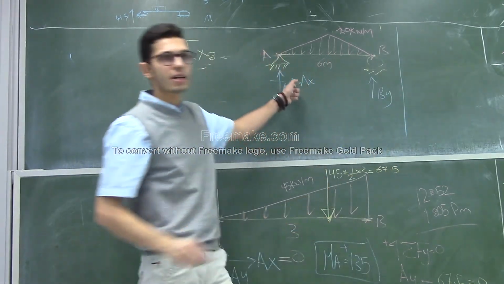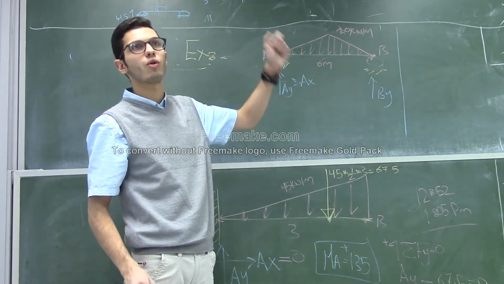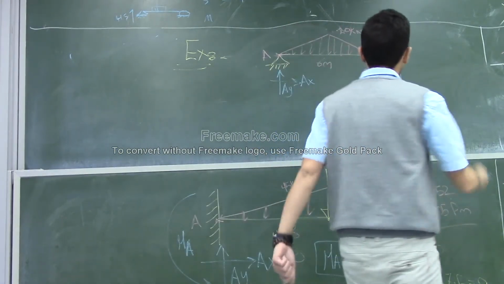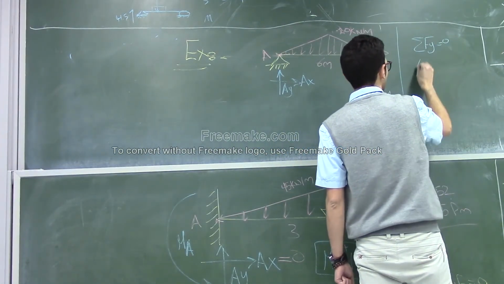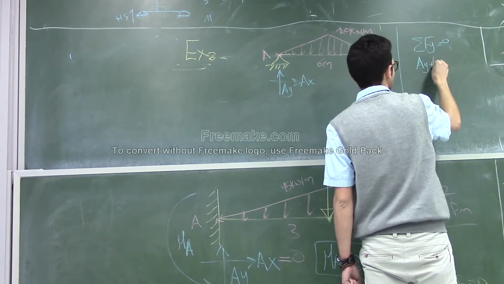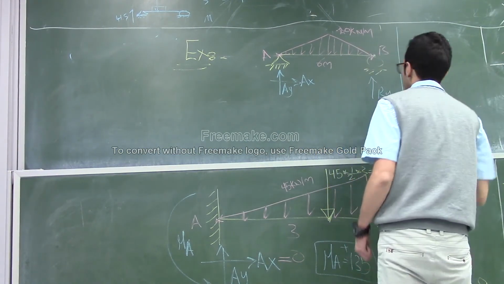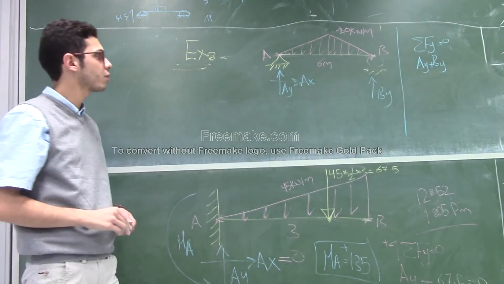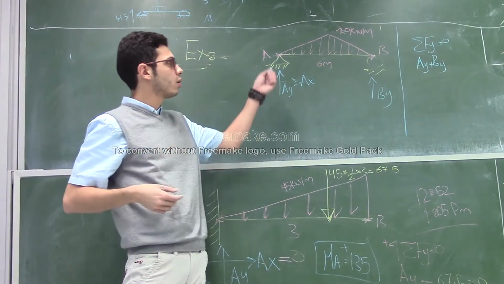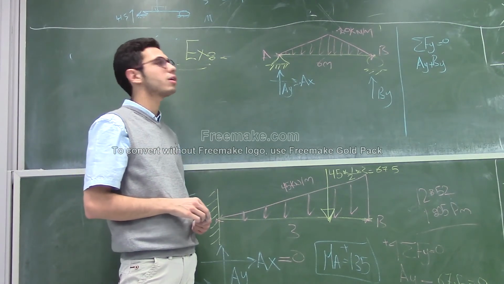It's obvious that AX is 0, because there is no force in X. Let's apply the summation of Y equal to 0: AY plus BY. Now we have the triangle.